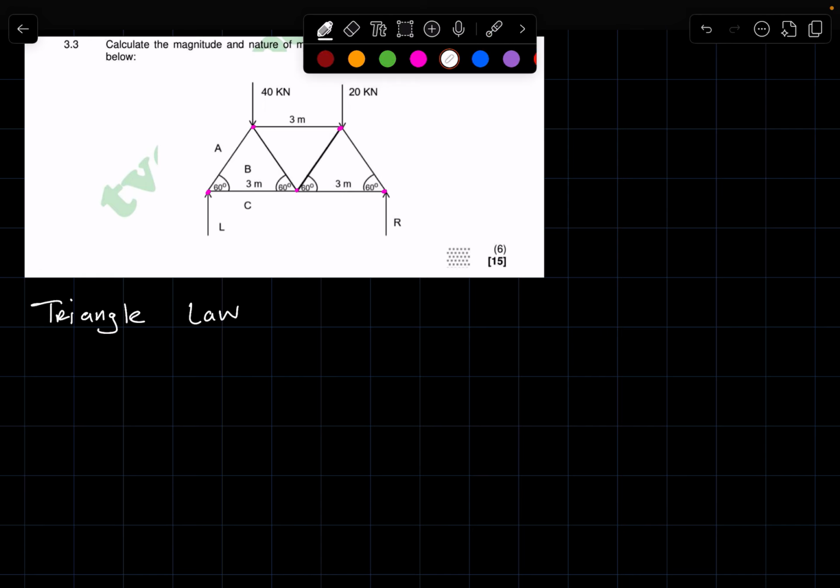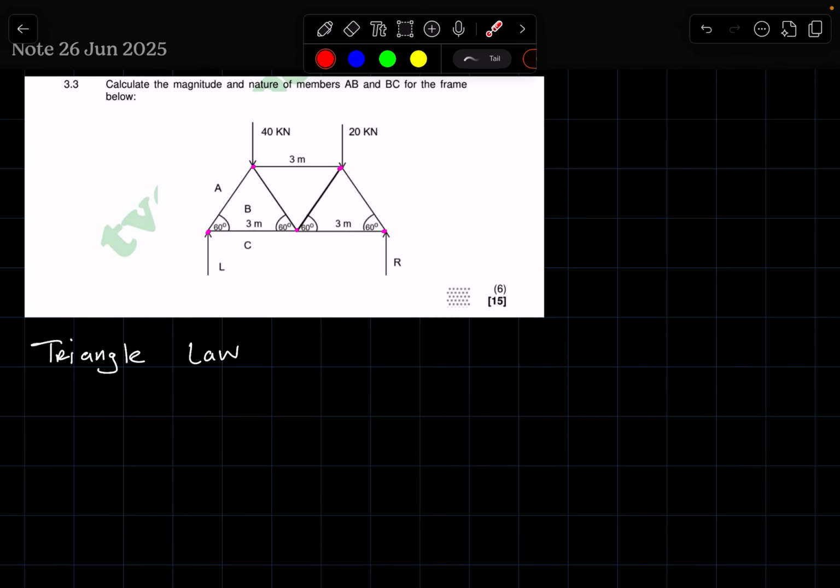So we use the triangle law to determine the magnitude as well as the nature of the members.